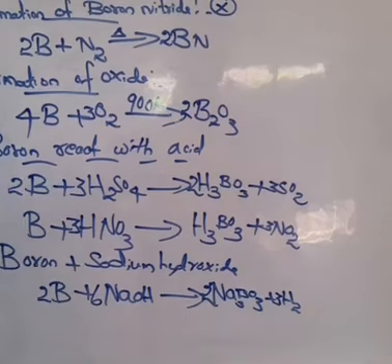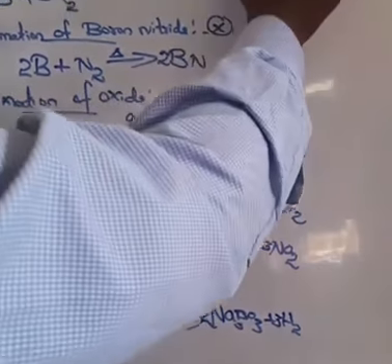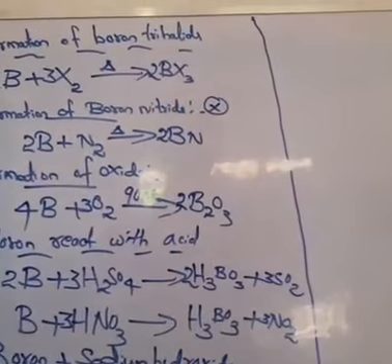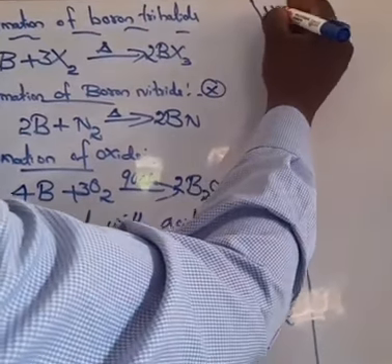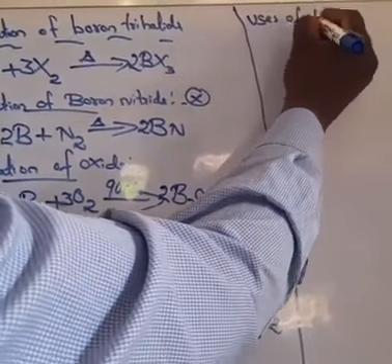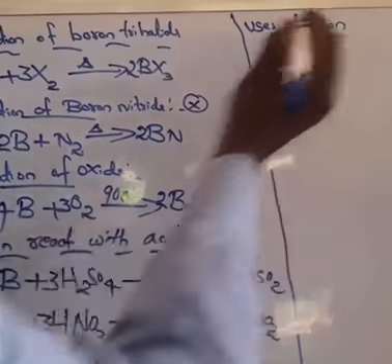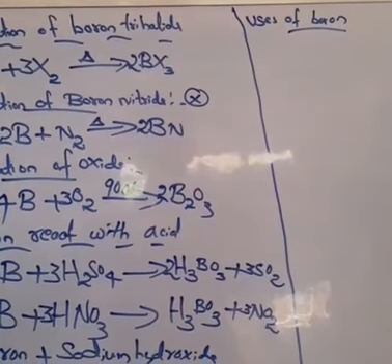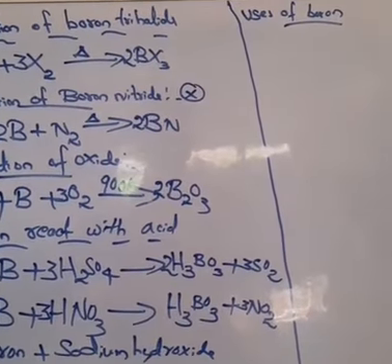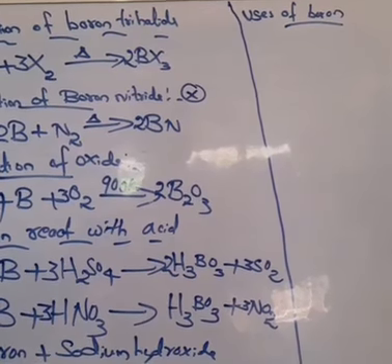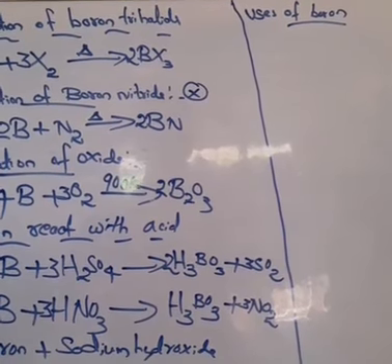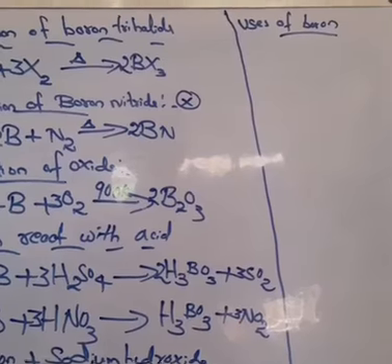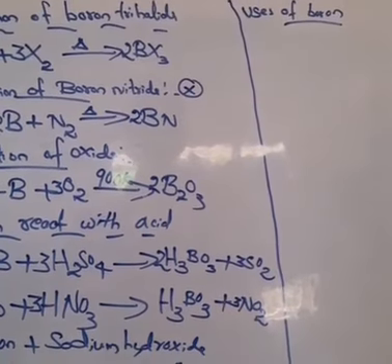Next, about the uses of boron. What are the uses of boron? Very important uses. Boron isotope, that is boron 10, is used as a moderator in nuclear reactor.